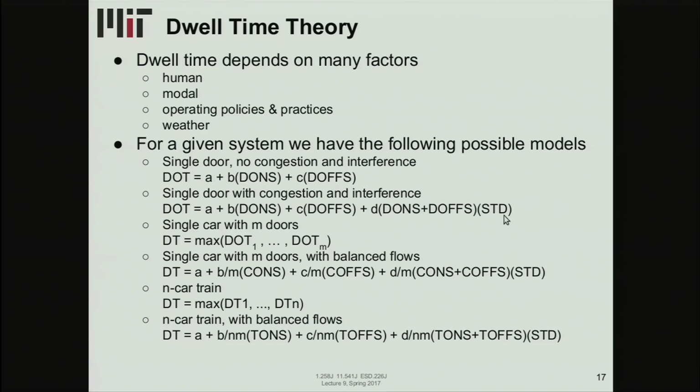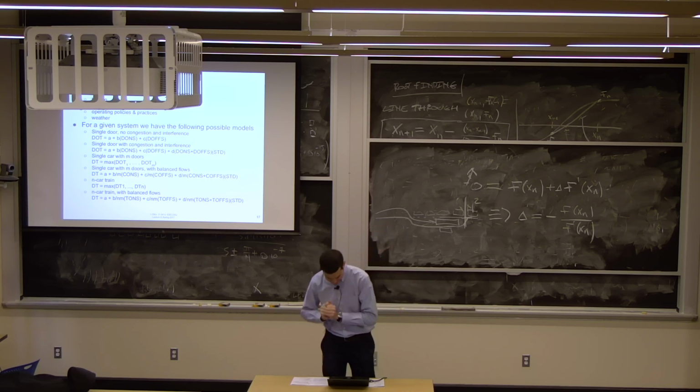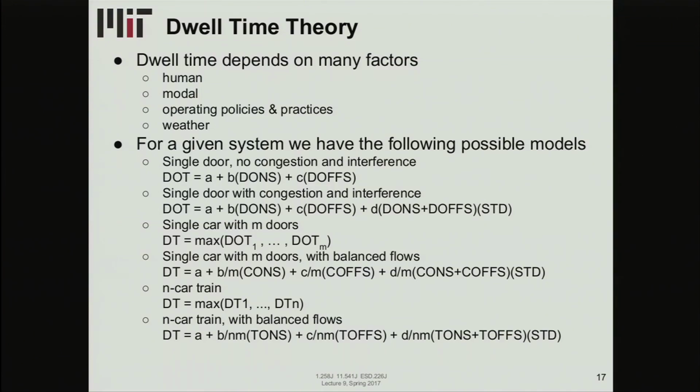STD here stands for standees. The people getting on and off are the people that would have moved faster if there hadn't been any standees. To the extent that there are many standees, they encounter friction as they're getting on and off, and that slows the vehicle down. So that's one way of taking care of this.